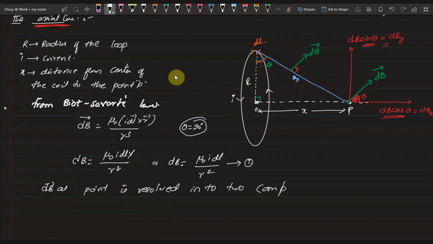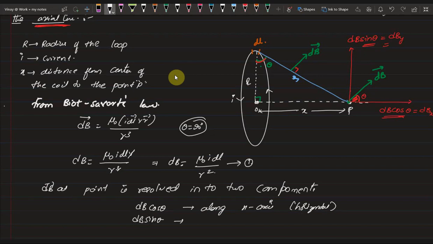Can you tell me what are the two components? dB cos theta along horizontal, and dB sin theta along vertical or along y-axis. Then dB cos theta along x-axis, horizontal, and dB sin theta along y-axis, that is vertical.